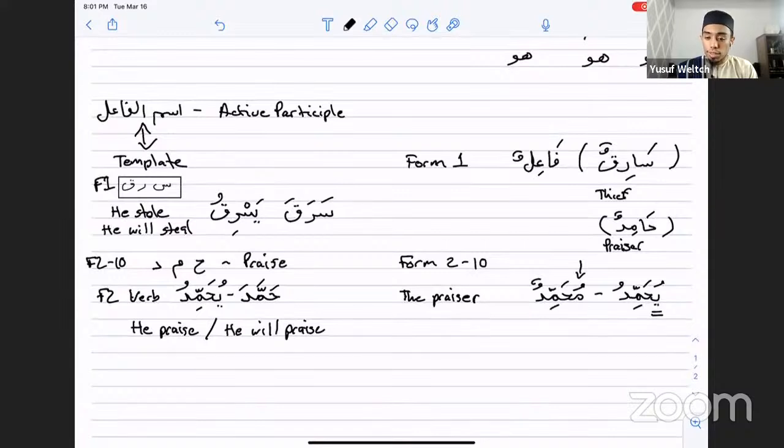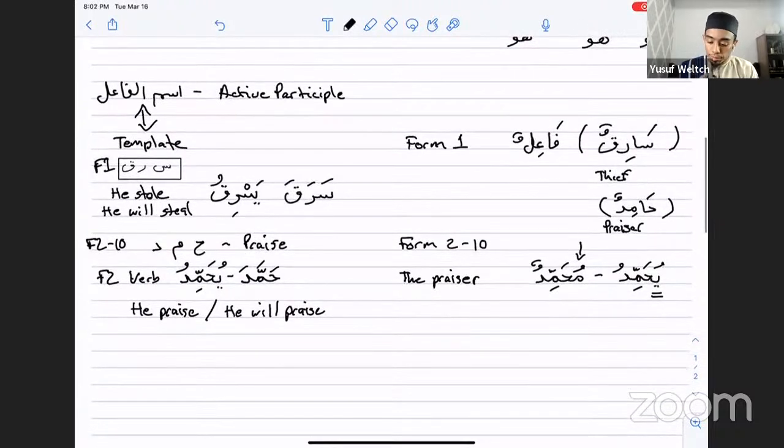There's a person because it's obviously indicating a person. Muhammidun, the praiser, and in English we use the er to represent the person. Gender is not involved in English, so it's only on the basis of singular or plural. You'd say the praiser or the praisers. You wouldn't change it for feminine, but if you were to say huwa muhammidun, he is a praiser, or hiya muhammidatun, she is a praiser, you would change it in the Arabic.